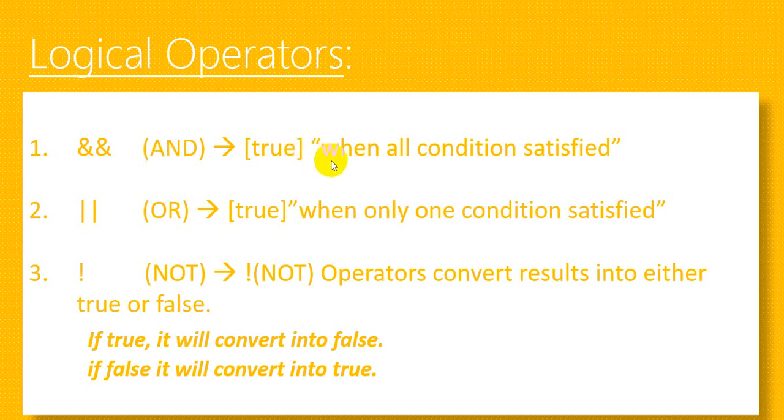If you are using two conditions, both must be true; if you are using three conditions, you have to use it two times. I will show you. Right now we are taking an example where we check two conditions. So if both the conditions are true, then the result will be true.